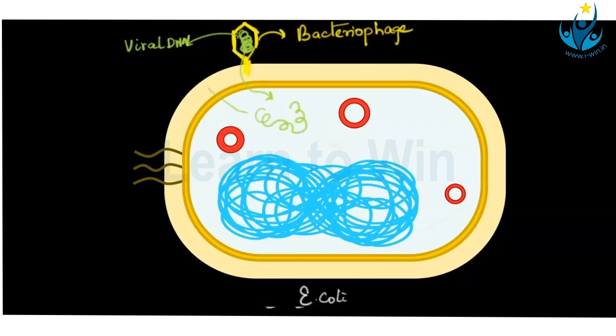So the viral DNA has entered into the bacterial cell. What are these red color things? These red color things are the plasmids, and this blue looped structure is the genomic DNA of the bacteria.